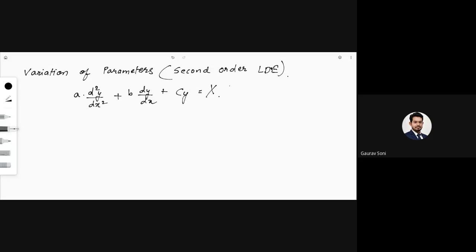And so this is a linear differential equation. So we can find out yc of course for this. Now we are talking about how to find the particular solution for this.